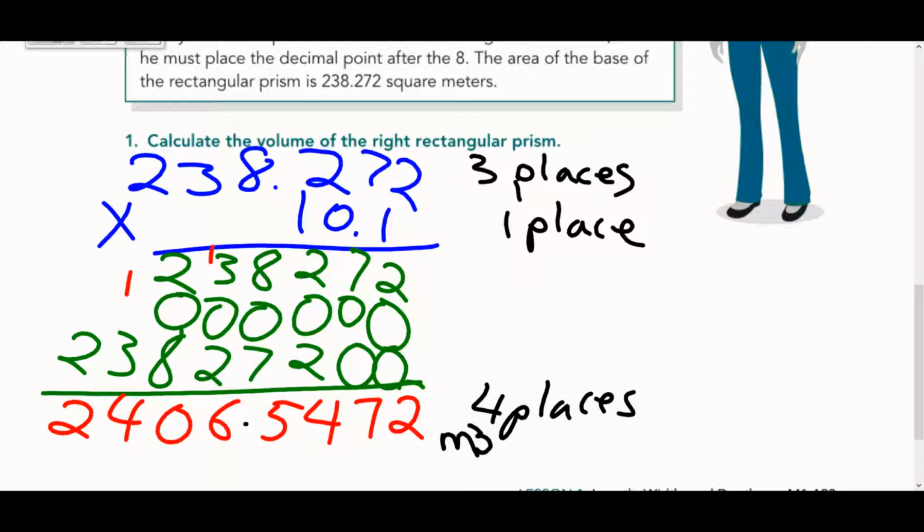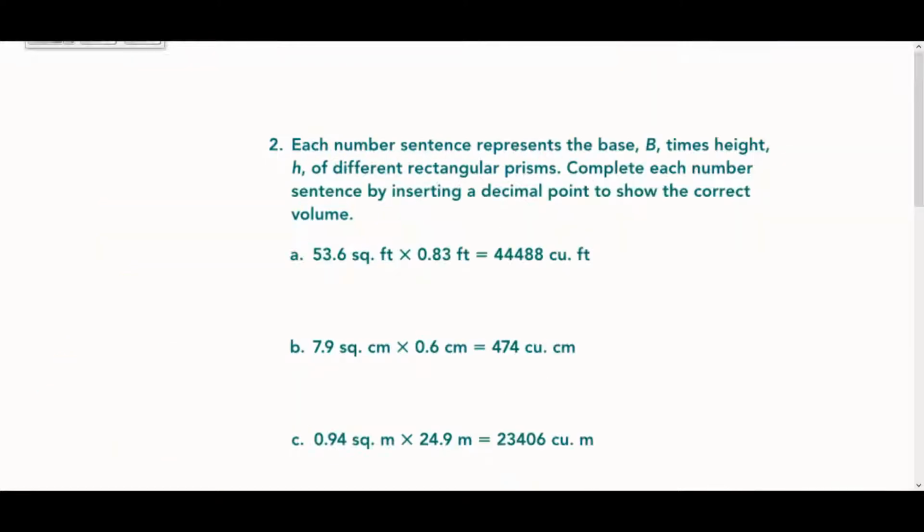I know we didn't talk about this in class, but just in case you're confused still, let's look at this. Let's say we multiply the base, this is our base, and we're told the height is this. In this situation, we know that the answer, when we forget about the decimals, is 44488.